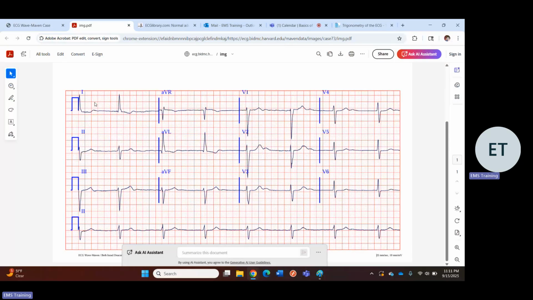Let's see, 1, 2, 3, 4, 5, 6. That's just over 6 boxes. 1, 2, 3, 4, 5, 6. That one's 7 boxes. Maybe this is a slow AFib. 1, 2, 3, 4, 5, 6.